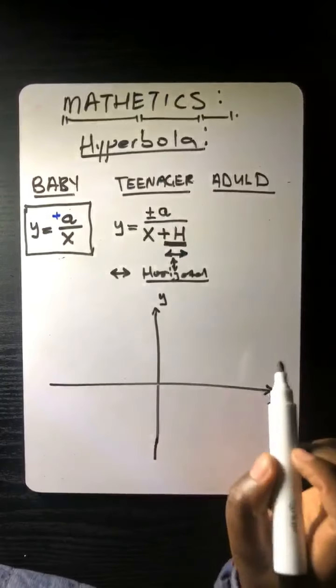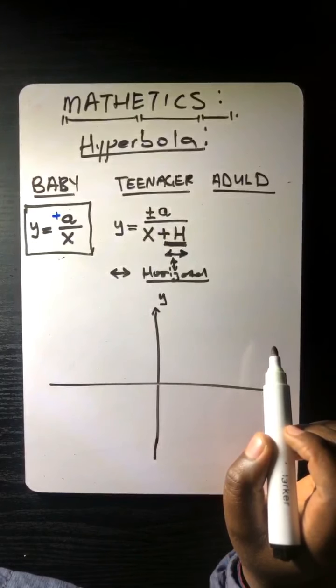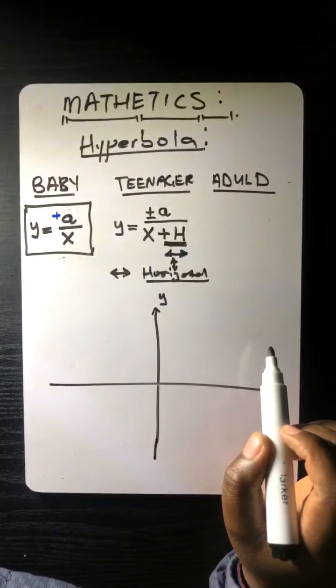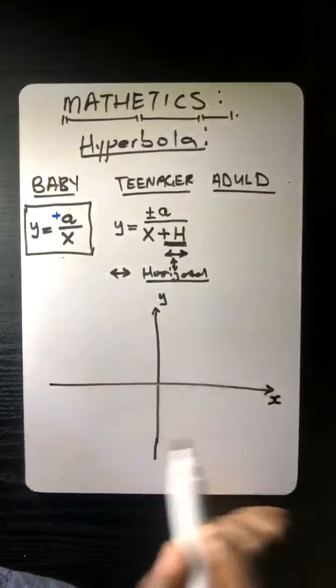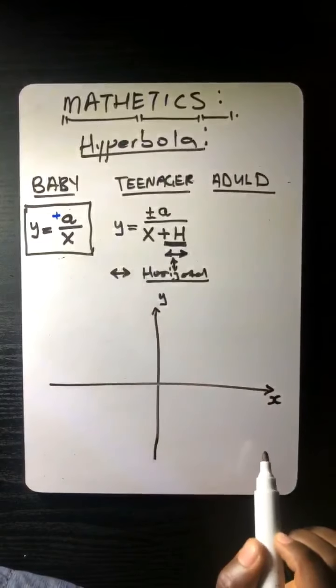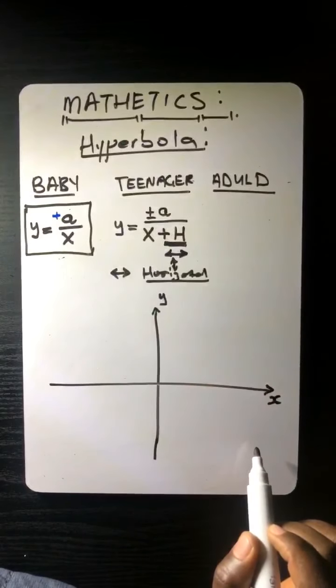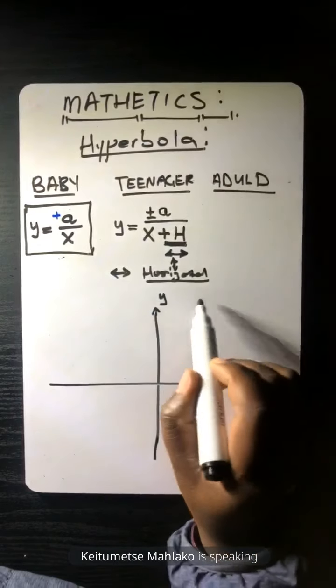Okay. You tell me, if we now want to have a hyperbola in the second and the fourth quadrant, what will the A value be? Will it be positive or negative? Negative. 100%.